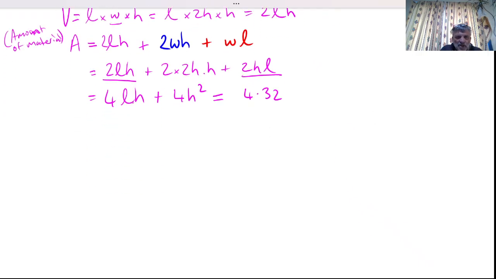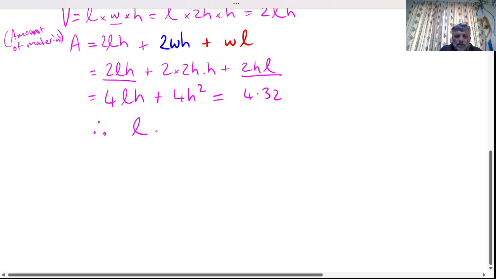So we can rearrange this to make L the subject. Therefore, L equals, if I divide everything by 4, 1.08, 4 goes into here.